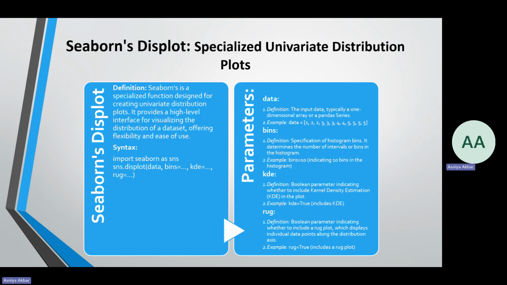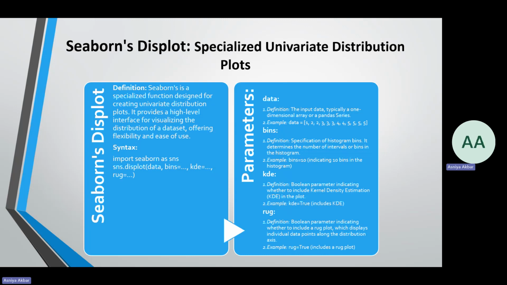So everyone, on the data visualization, displot allows for the effective visualization of the univariate distribution of a data set. The bins parameter specifies the number of intervals or bins in your histogram.